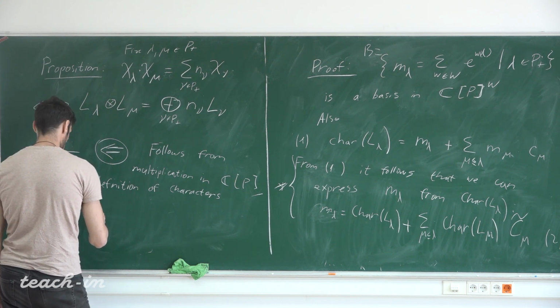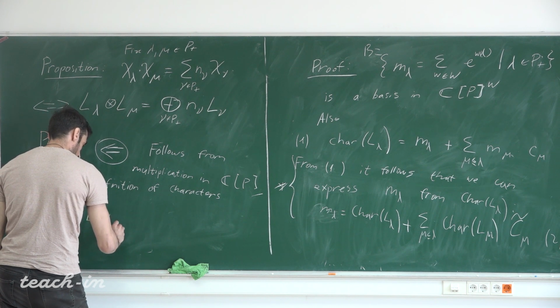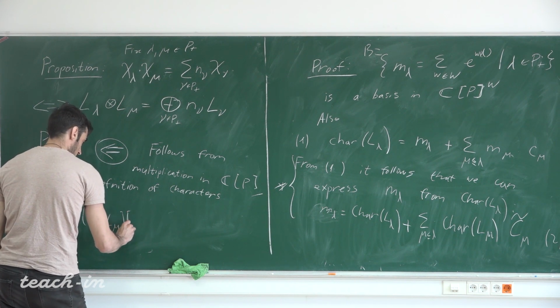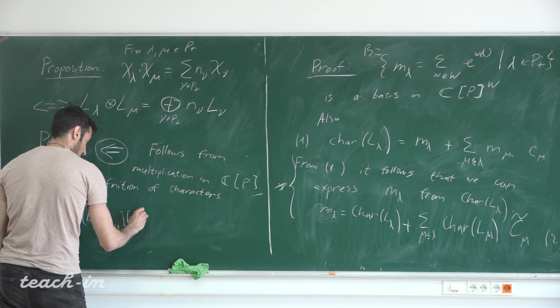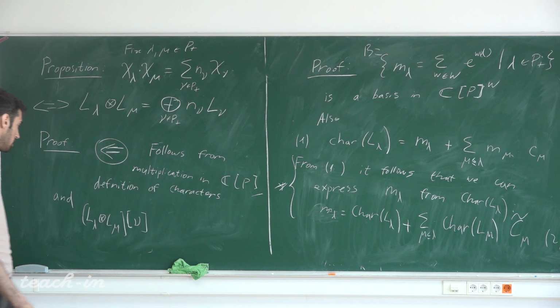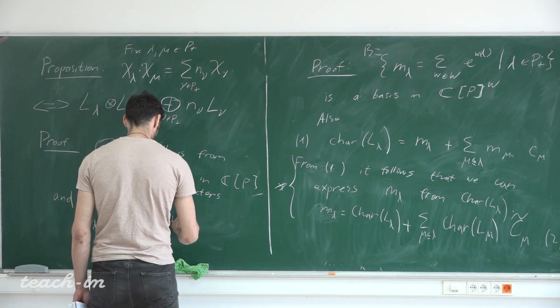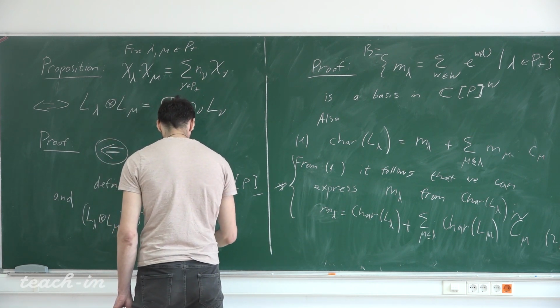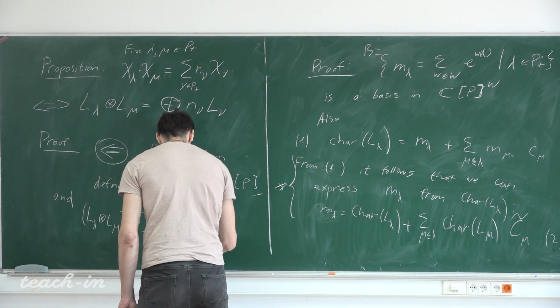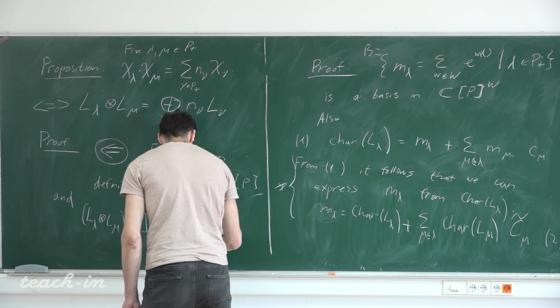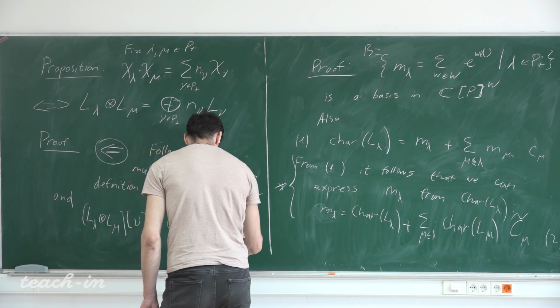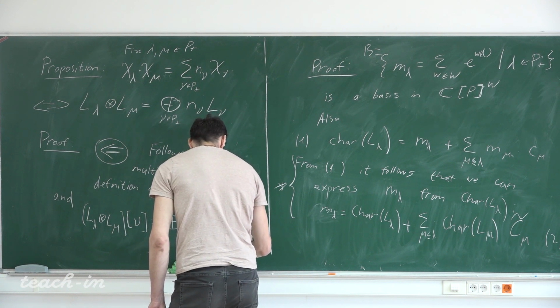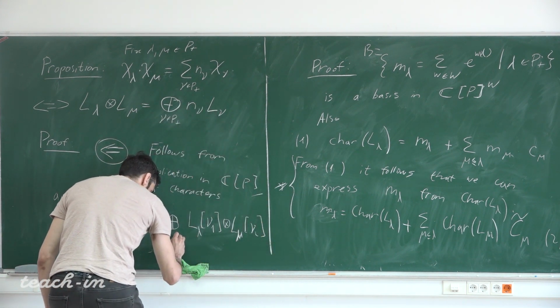So actually, if you take L lambda tensor L mu and consider its weight subspace, say nu, then it is given as a direct sum of L lambda nu 1 tensor L mu nu 2, where nu 1 plus nu 2 equals nu.